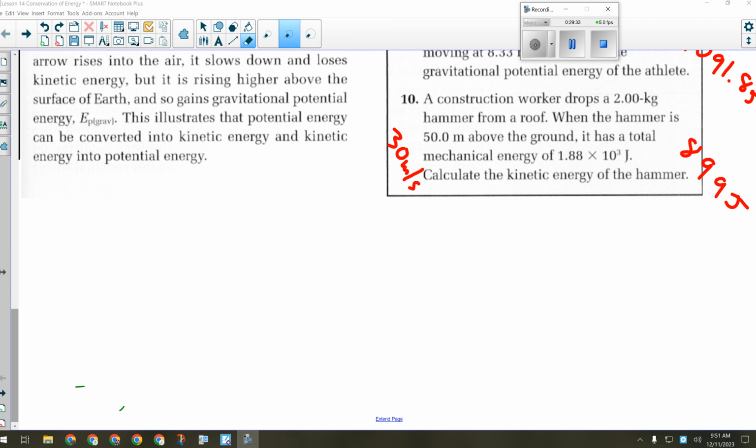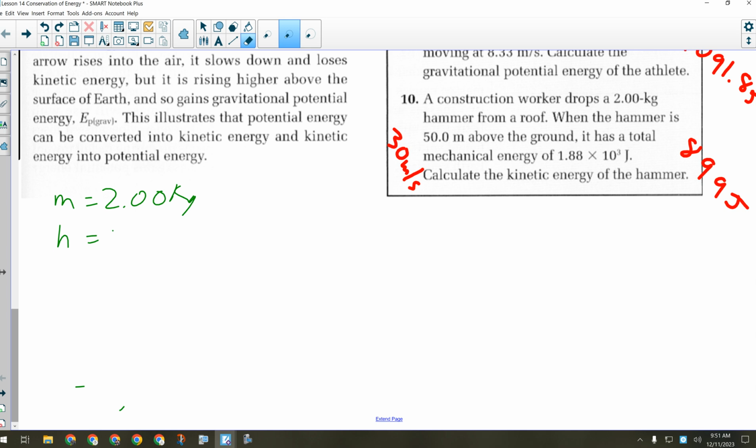On number 10, we know the mass of the hammer, 2.00 kilograms, and we know that the hammer is 50 meters above the ground. At that point, it has a total mechanical energy of 1,880 joules.